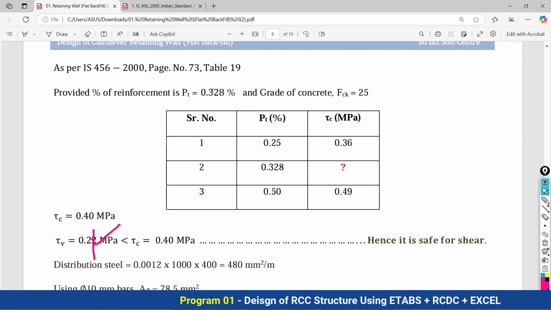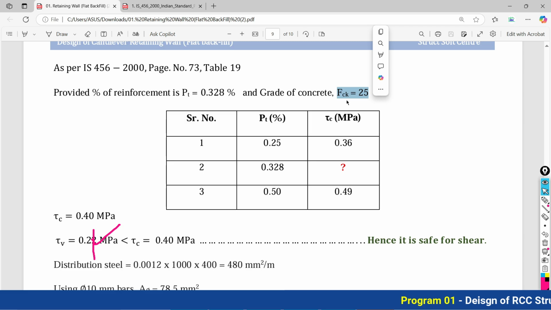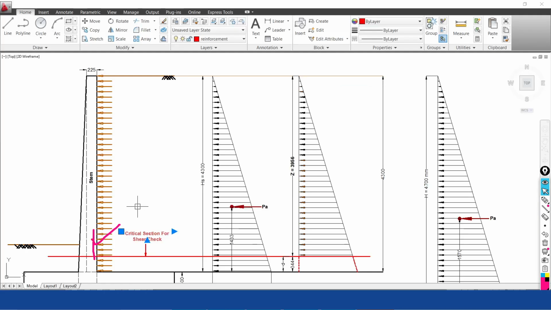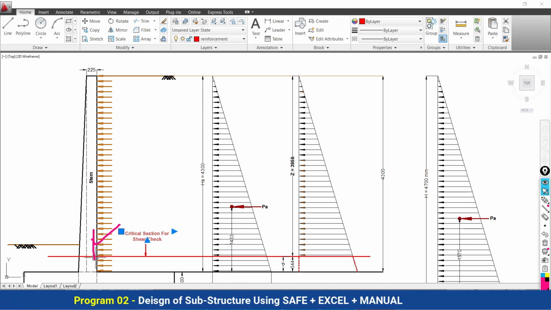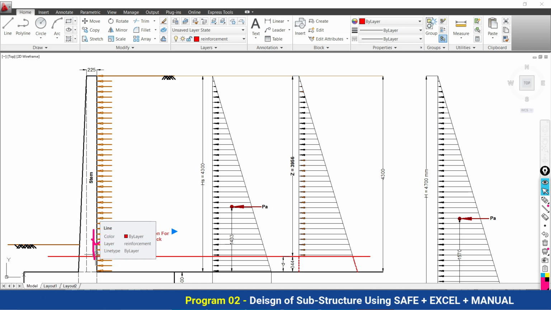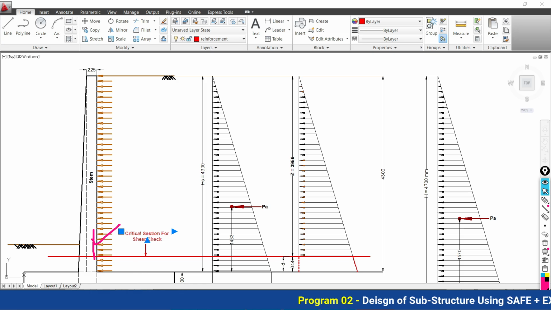So this percentage of reinforcement is present there, and the grade of concrete is 25. As I said earlier, at this section two things are present, concrete and steel. Both combined resist the shear stress. So due to the presence of concrete and steel, I need to calculate what the capacity is at this section.